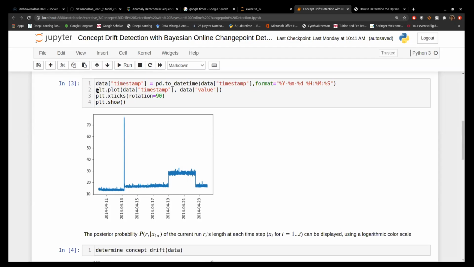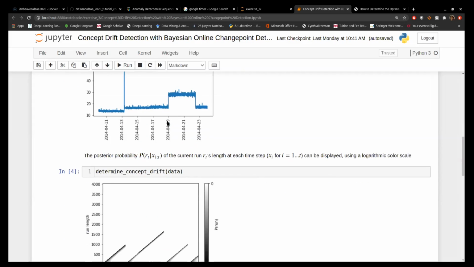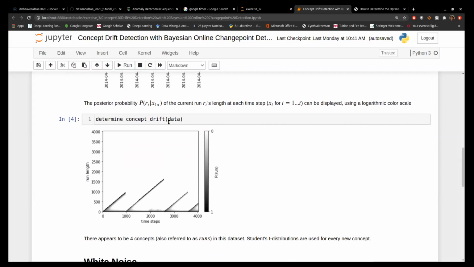The goal is to estimate the posterior distribution over the current run length, or time since the last change point, given the data so far observed. Here, the posterior probability of the current run's length at each time step can be displayed using a logarithmic color scale.